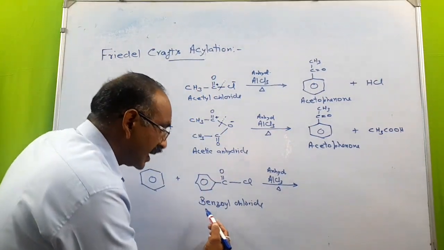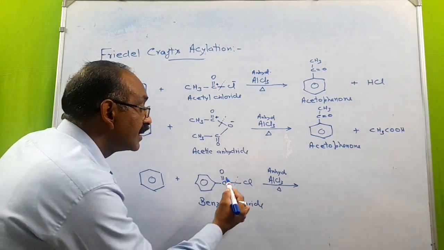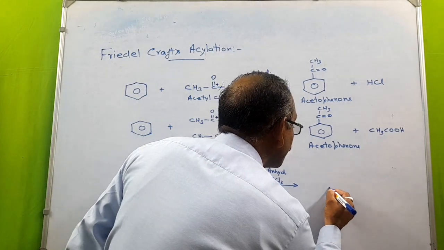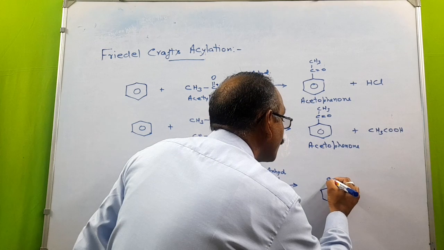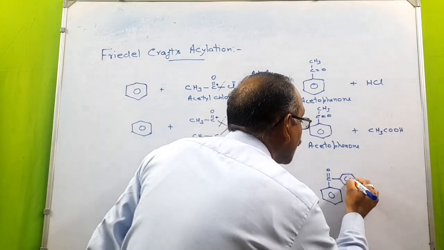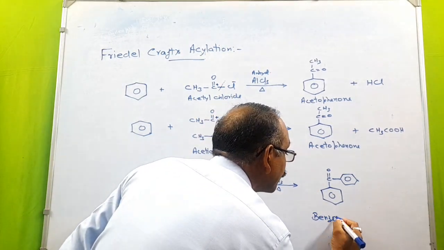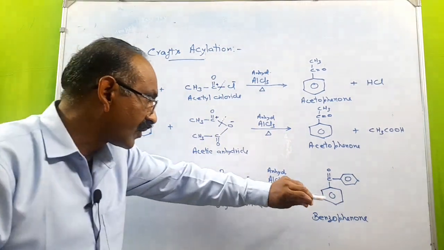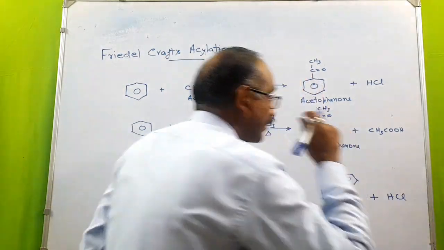Similarly in this case, if benzoyl chloride is taken, this bond breaking occurs, and the hydrogen will be replaced, and we will get an aromatic ketone, and the hydrogen which sets free from the ring combines to the Cl and forms HCl.